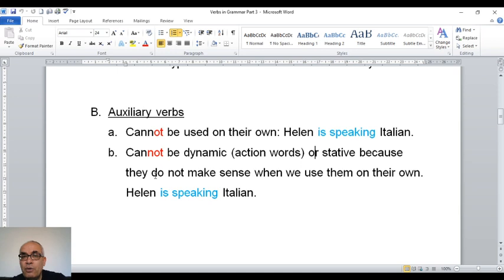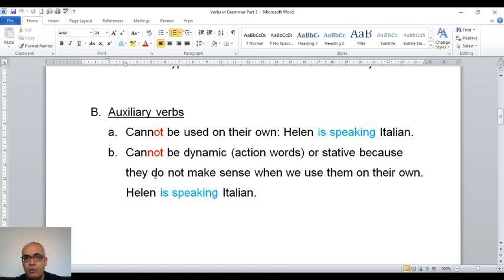So we cannot use auxiliary verbs on their own. If you use an auxiliary verb, the meaning is not complete. Of course, I speak in general, because verb to do, verb to be, and verb to have can be used as main verbs and as auxiliary verbs.